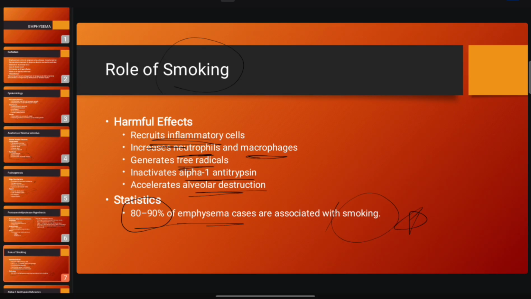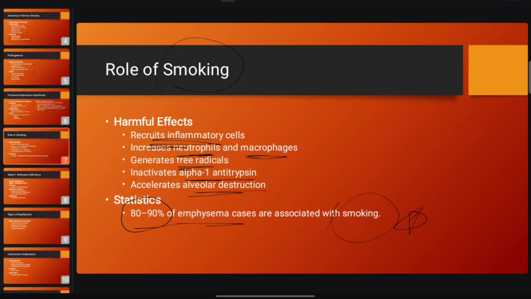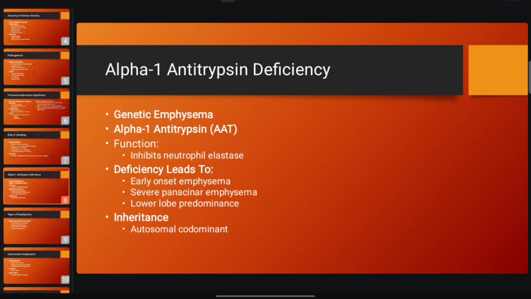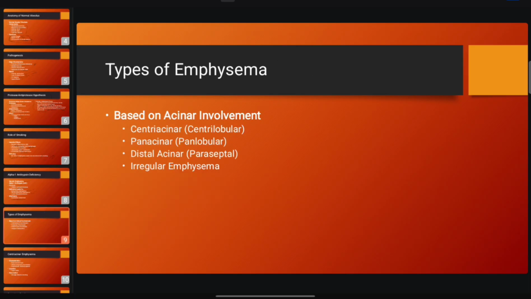In the risk factors, smoking is a very predominant cause of emphysema. And alpha-1 antitrypsin deficiency is a genetic emphysema, and alpha-1 antitrypsin functions to inhibit elastases. The deficiency results in early onset emphysema, severe panacinar emphysema, and lower lobe predominance. And inheritance is autosomal codominant.